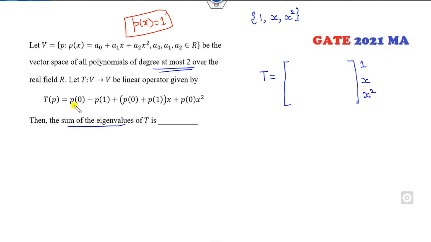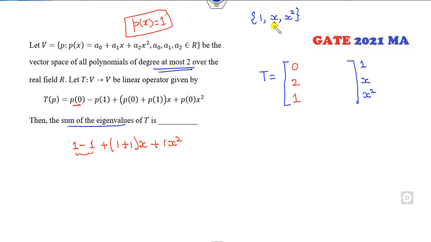Then substitute here. What is P of 0? 1. P of 1, 1. P of 0, 1. P of 1, 1. X plus P of 0, 1 and x square. So this is my constant. Constant is my 0. Coefficient of x is my 2. Coefficient of x square is my 1. Remember, always read column wise.